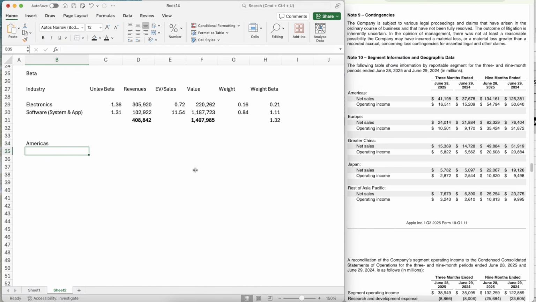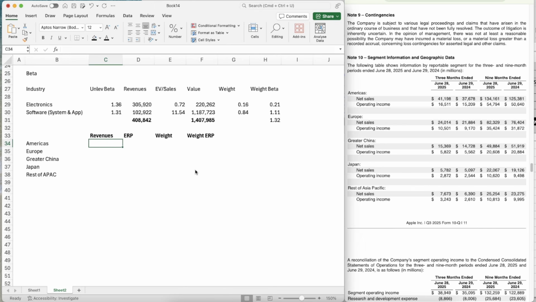So we have Americas, Europe, Greater China, Japan, and the rest of APAC. We go revenues, ERP, weighted ERP.